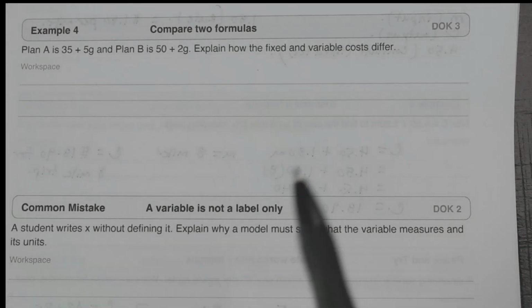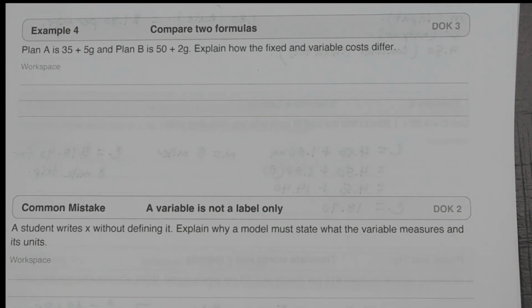Example number 4. Plan A is 35 plus 5G and plan B is 50 plus 2G. Explain how the fixed and variable costs will differ.